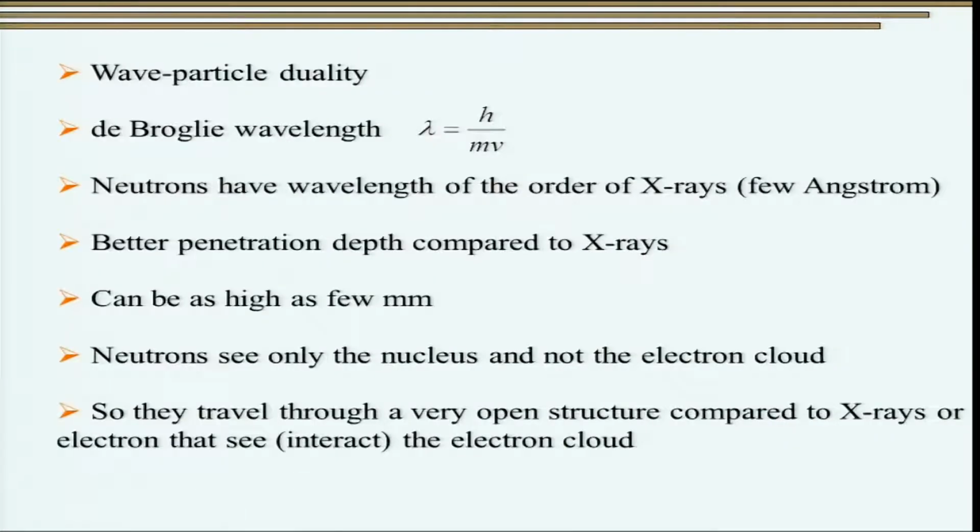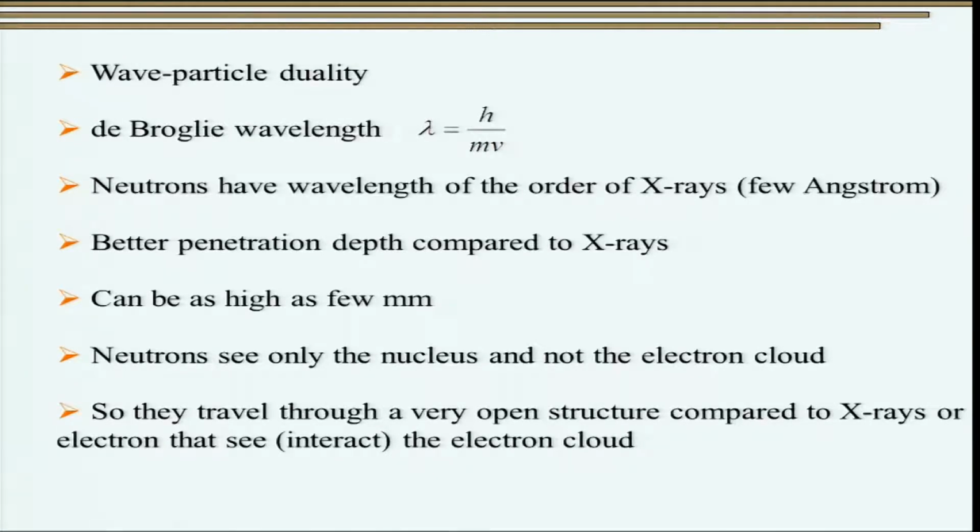We know that neutrons are subatomic particles, and quantum mechanically they show wave particle behavior. So, for a neutron traveling at a particular velocity, we can assign a particular wavelength and treat it as a wave with that wavelength according to the de Broglie wavelength criteria.